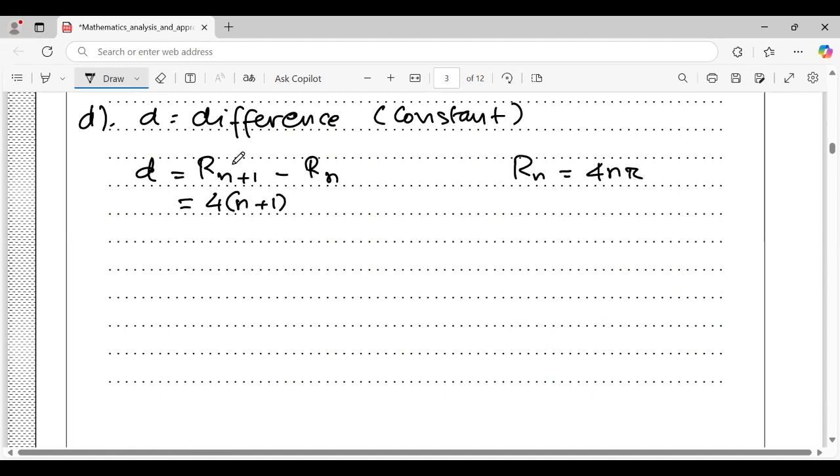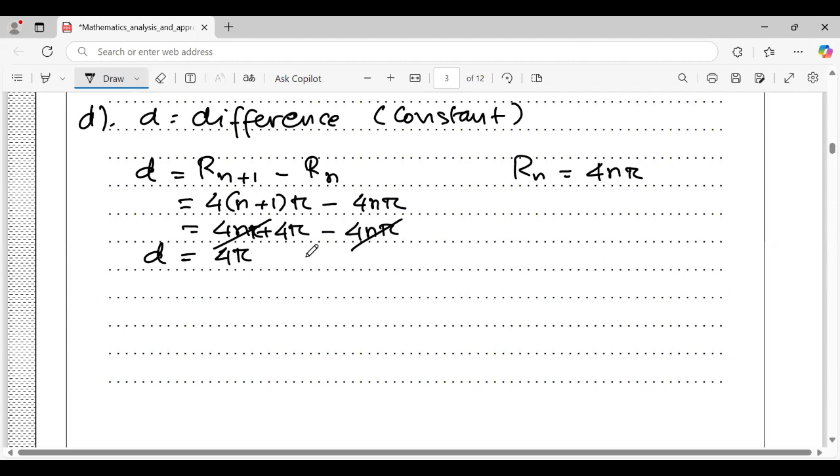And Rn plus 1, according to our result from the previous question, is 4 n plus 1 pi. Rn is 4n pi. So if we calculate 4n pi plus 4 pi minus 4n pi plus 0, D equal 4 pi.